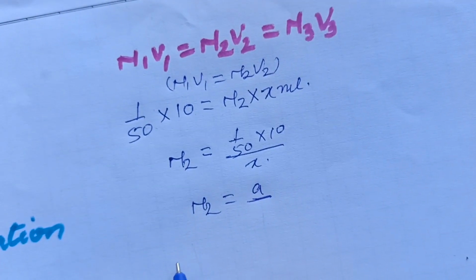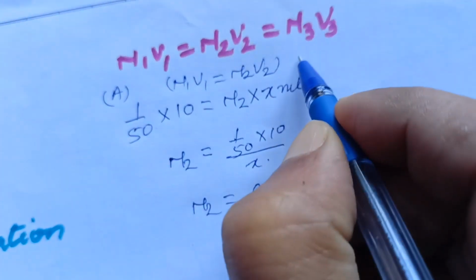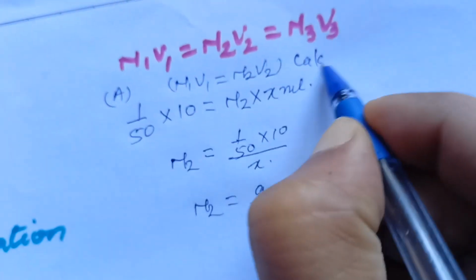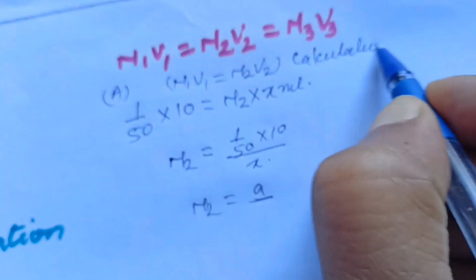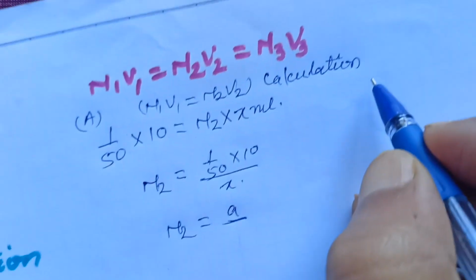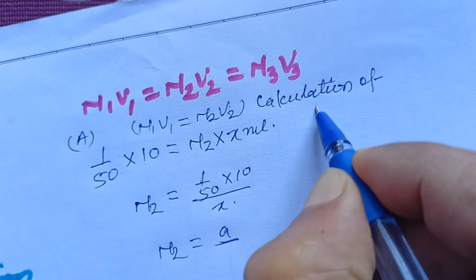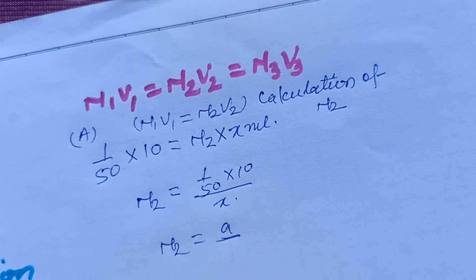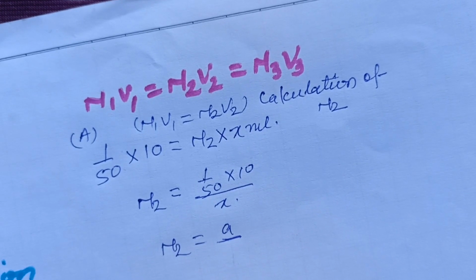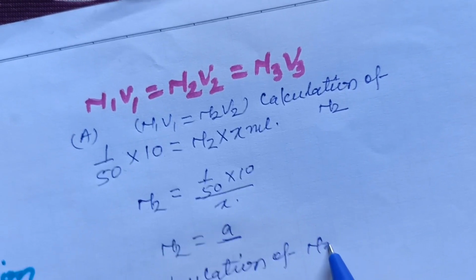Now the second step. This is step A, calculation of N2. Now step B, calculation of N3.